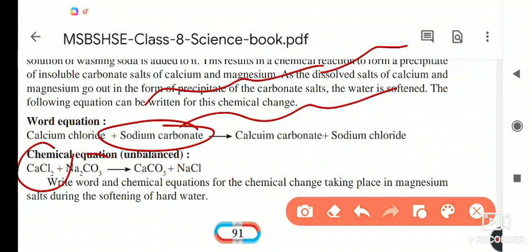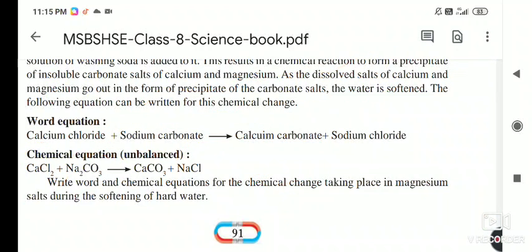When sodium carbonate, that is Na2CO3, the formula of washing soda, is added to it, it forms calcium carbonate, which is insoluble, and sodium chloride, that is NaCl, a water soluble salt, which dissolves away into the water.